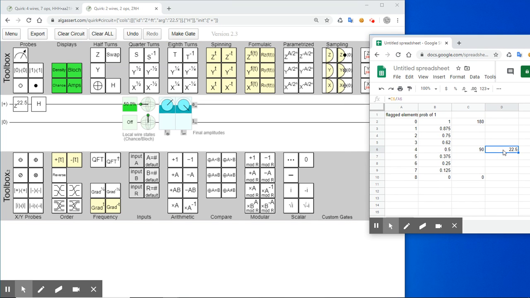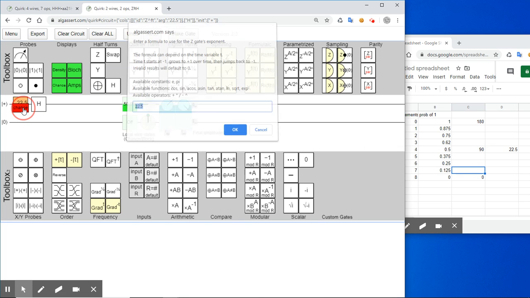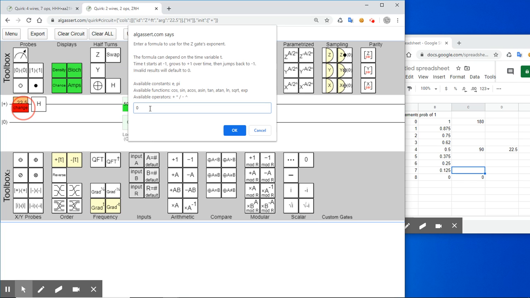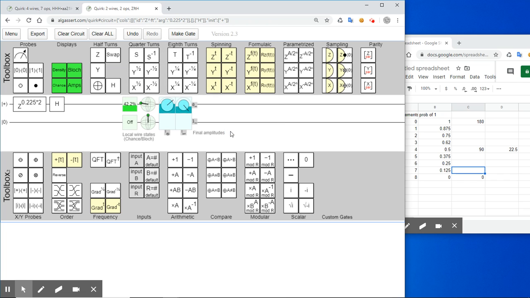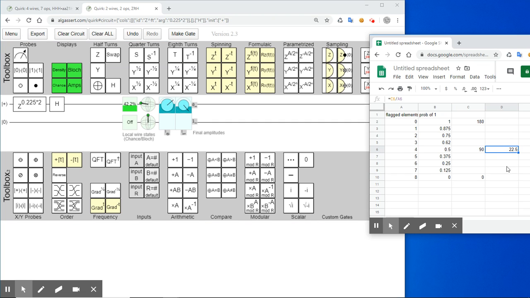It's 22.5, so that will be these. And if I do these times 2, okay, no, it doesn't seem to work. What am I doing? I'm at 180 degrees and I remove 22.5, so that should be these minus these, so that should be 157.5 degrees.